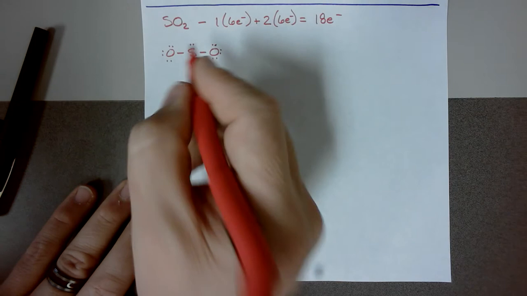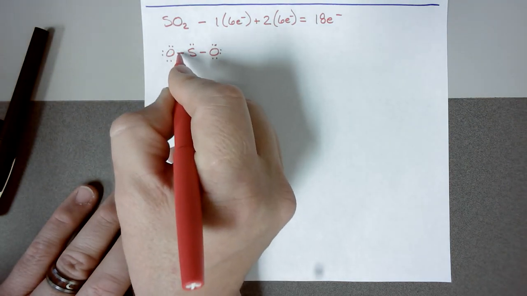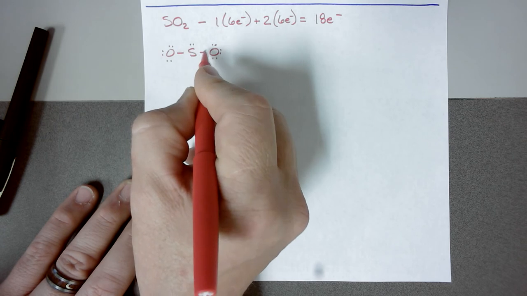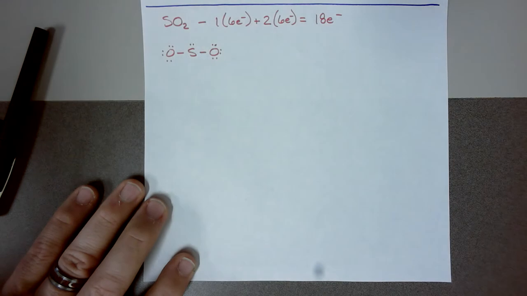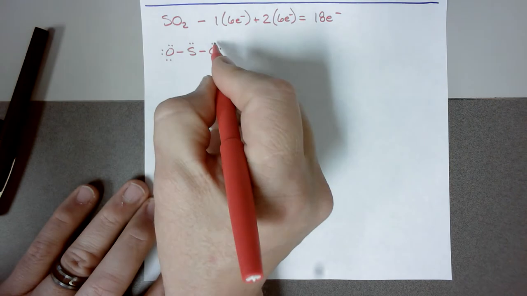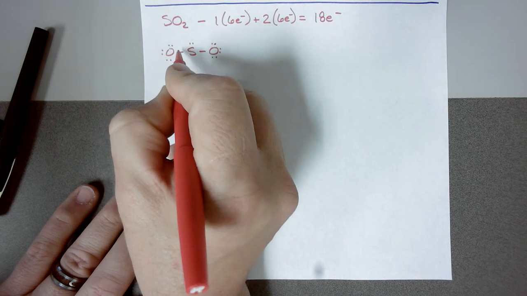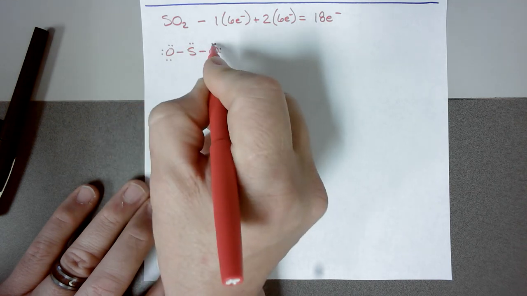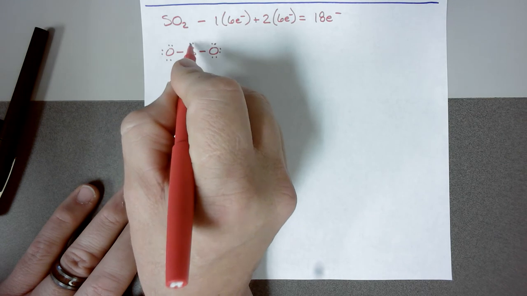So if I count, I've got 2, 4, 6, 8, 10, 12, 14, 16, 18 electrons. We have a problem though, because I notice that both oxygens have 8, but my sulfur only has 2, 4, 6.